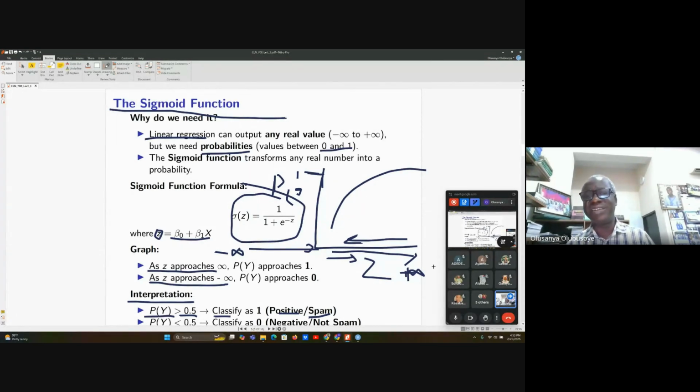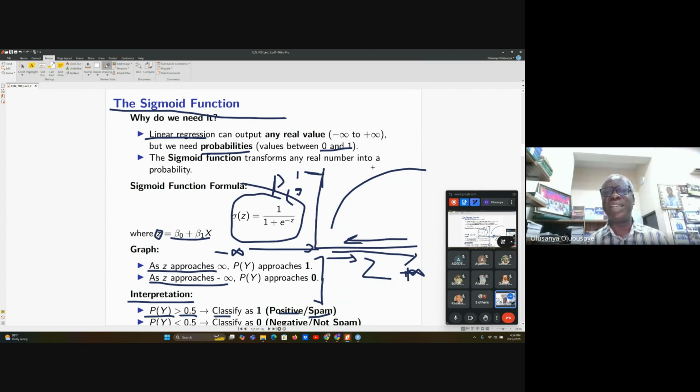But when it's increasing, it will be approaching 1. When it's decreasing, it will be approaching 0. So that's what these two statements are making. If you understand that, then this is the way we interpret.